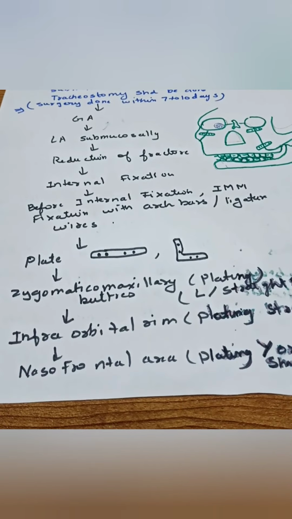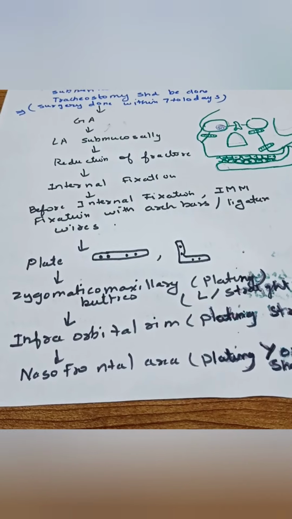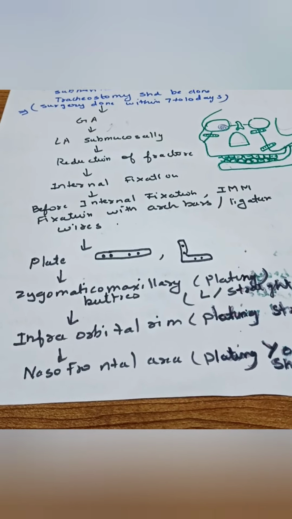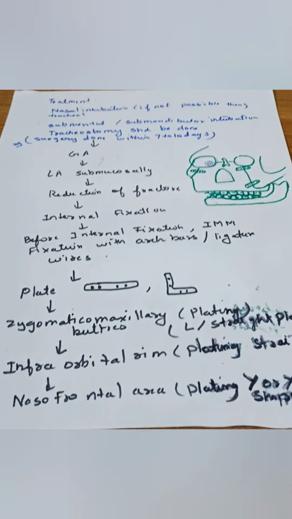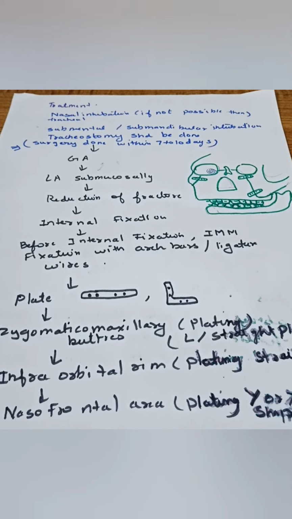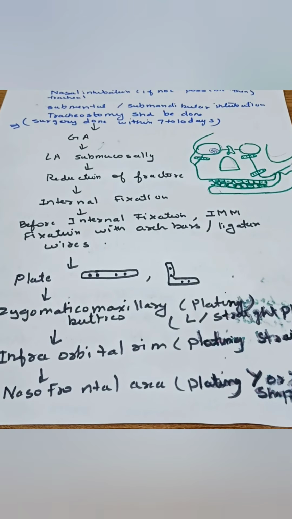If there is damage to the orbit, the orbital plates can also be placed inside for proper reconstruction of the orbit. So that's all about the treatment of Le Fort 2 fractures.